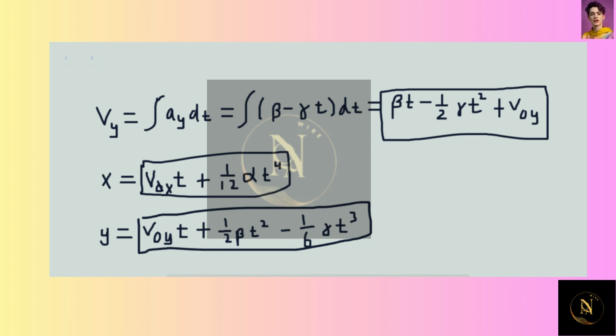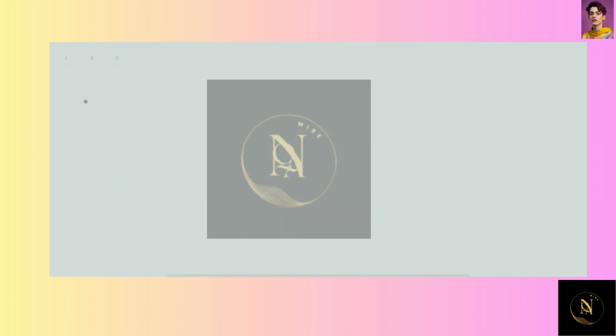Now for part B here, let's start a new page. Part B asks us to find the magnitude of the height that the rocket goes.